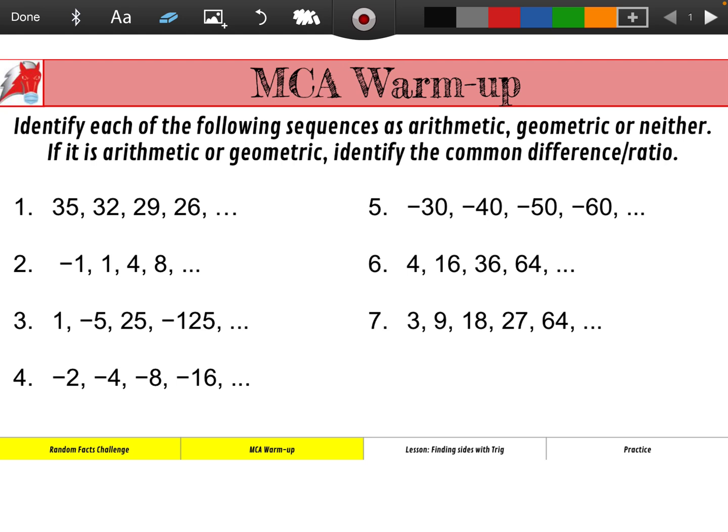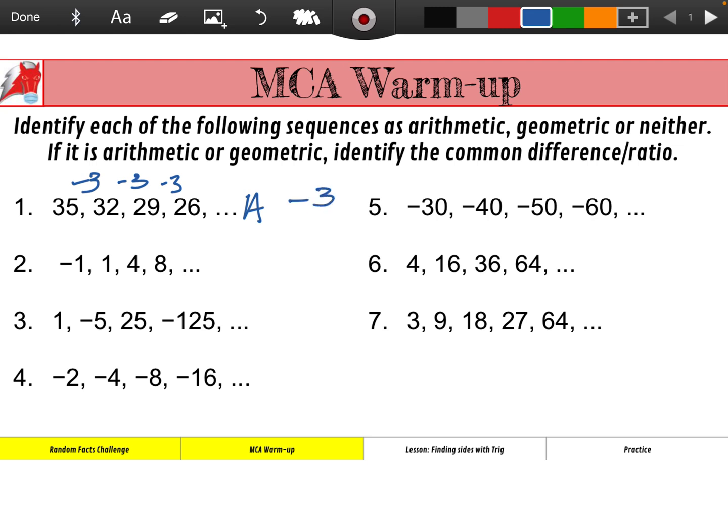Okay, with these next ones here, so the first one is arithmetic. I would say this is arithmetic. Here's why. If I subtract this, you're going to see that each time I'm subtracting 3. Okay, so because I'm minus 3, it's arithmetic, and the common difference in this case is -3.